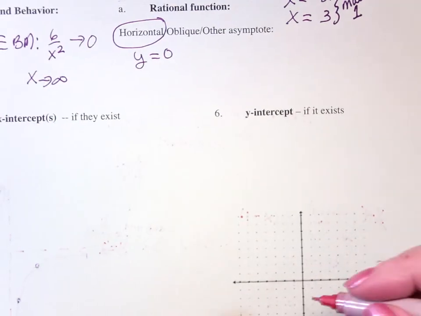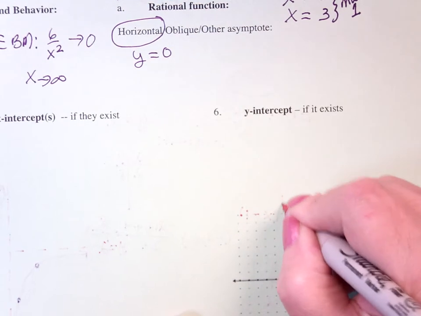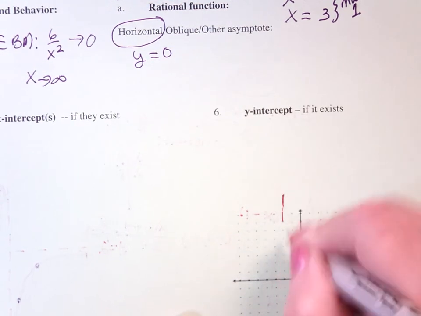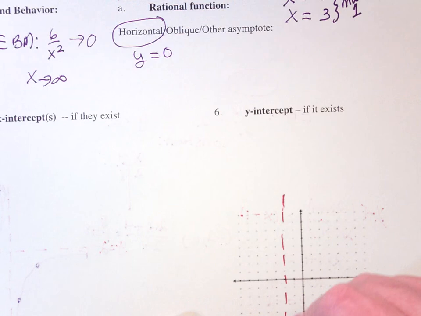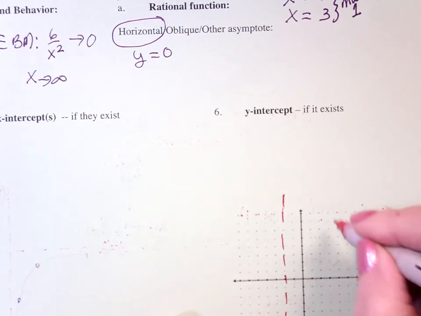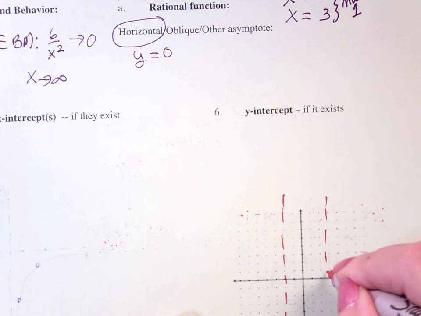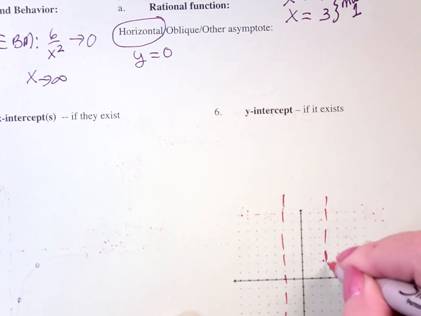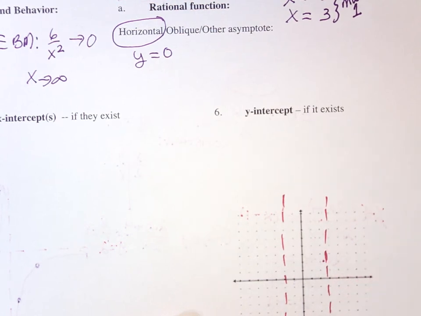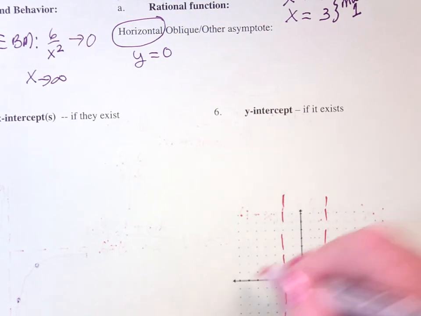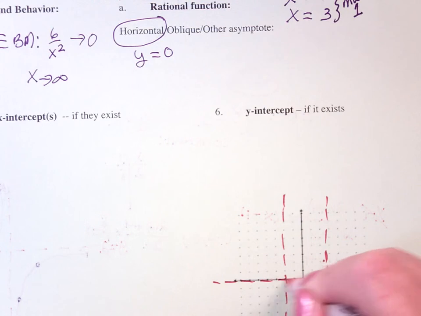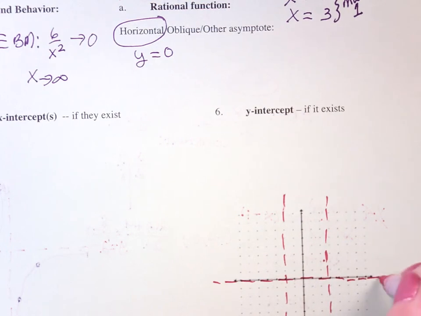We have 2 VAs, x equals negative 2, x equals positive 3. We have 1 HA, y equals 0.